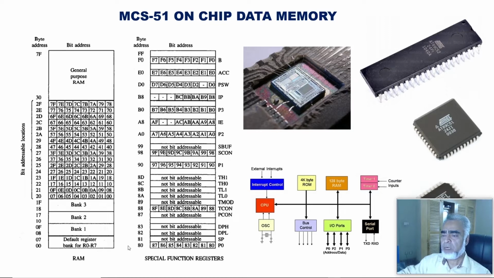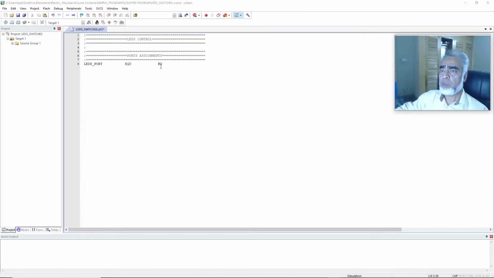The hardware address of port 0 is 80H, so we can write 80H instead of port 0, or we can also use the port name, port 0. So here we can write 80H, and assign a comment like this, that is port 0.